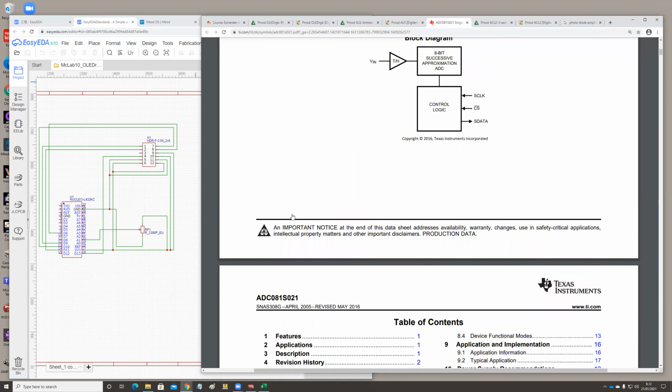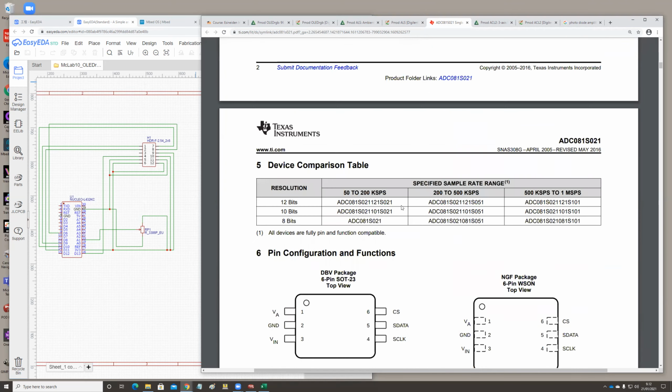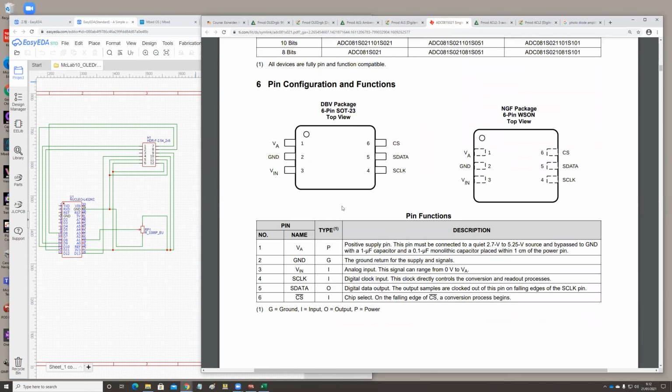And it's easy to interface with the microcontroller, because it doesn't need any parameters. We don't need to send anything from the microcontroller. We just connect it to the power and connect the voltage we would like to measure, the voltage in here.